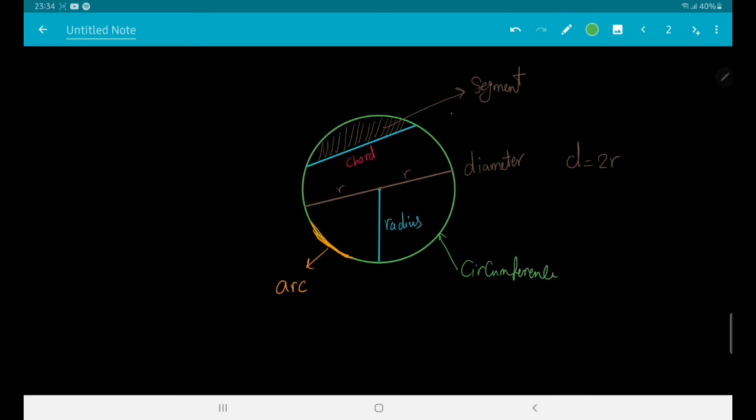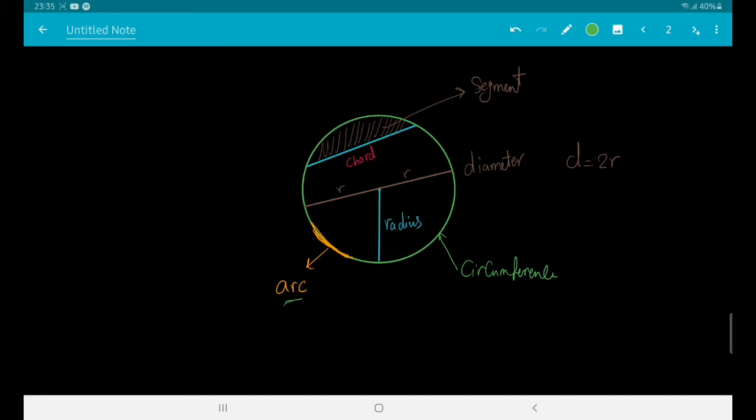It's equivalent to the perimeter of a shape, so all of this is called the circumference. The small part of the circumference is called an arc. The radius is constant, as I told you from the beginning, and the chord is the distance between 2 points on the circle.